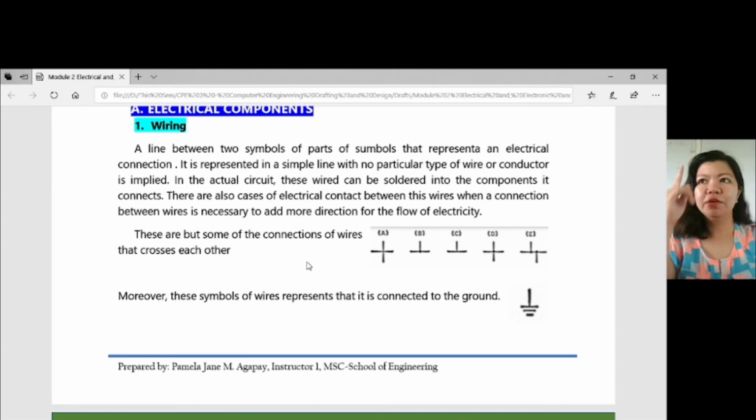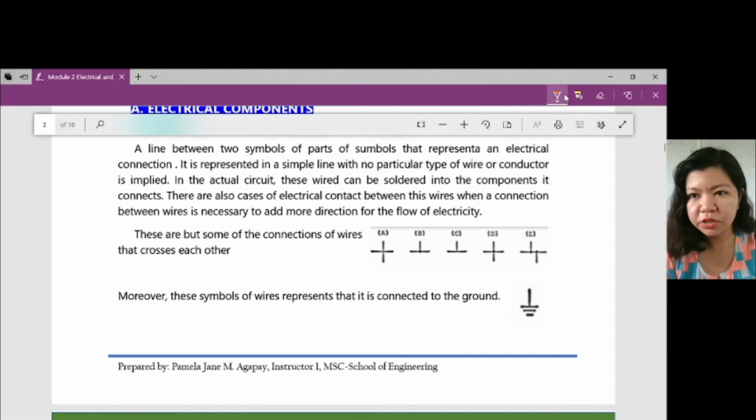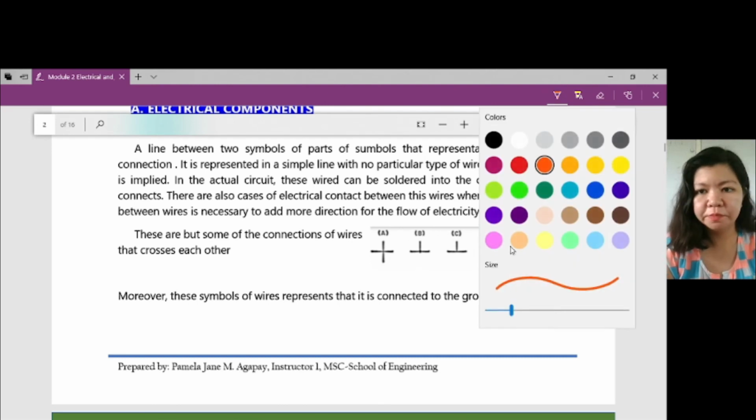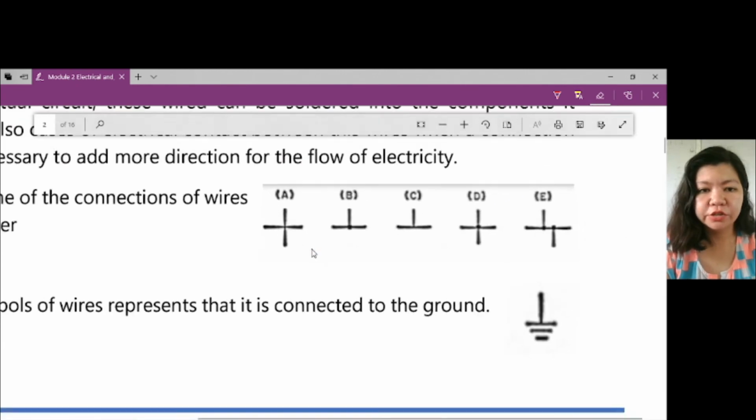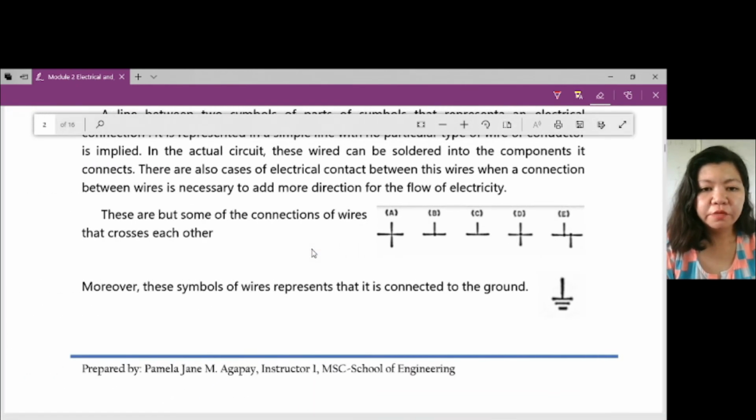Ibig sabihin lang, merong isang line na papunta dito and then they cross each other whether or not they are sharing the same point. Let me just get a pen to stress the difference between these examples of connections. These are some of the connections of wires that cross each other.